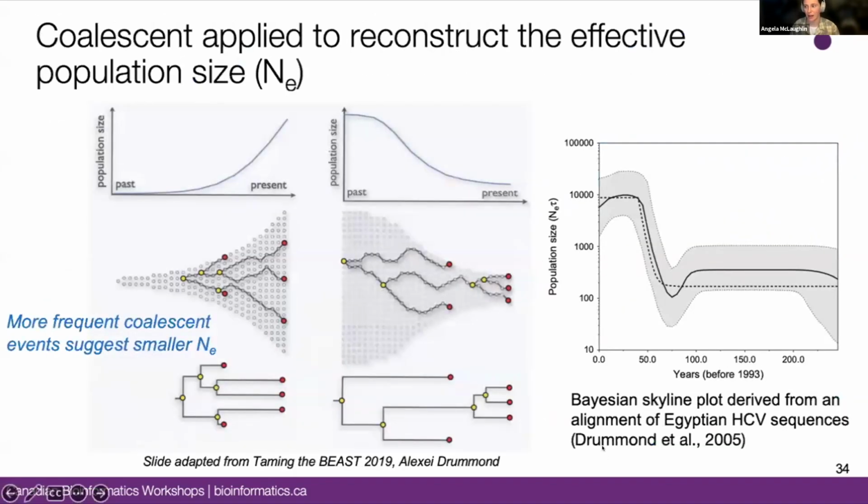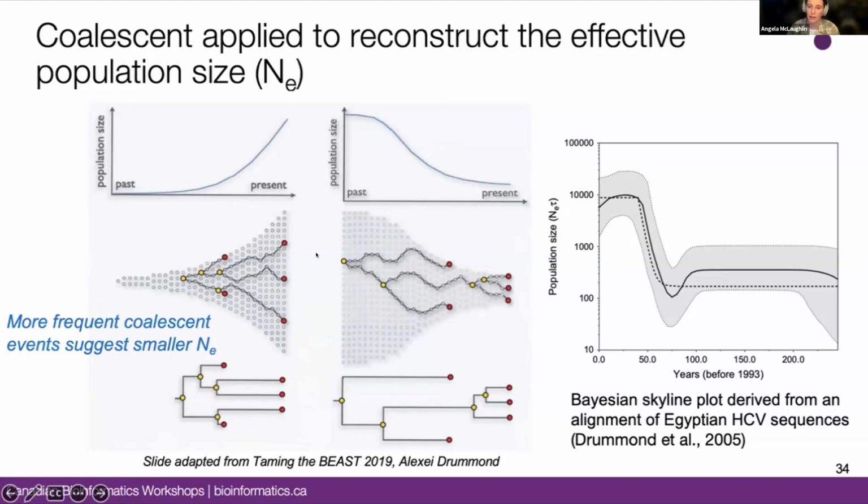So some of the different coalescent population demographics you could see here. When the population size increases, like exponentially, versus decreases, this yields different underlying populations under that phylogeny. So if you see more frequent branching and small branch lengths, that suggests a smaller underlying population size, because those pairs of tips are able to coalesce more readily together, versus if there's a large population size.